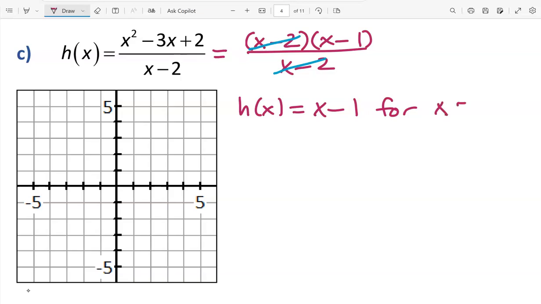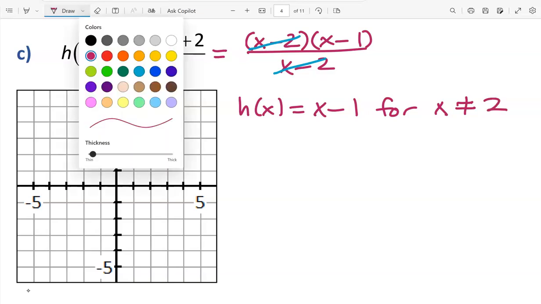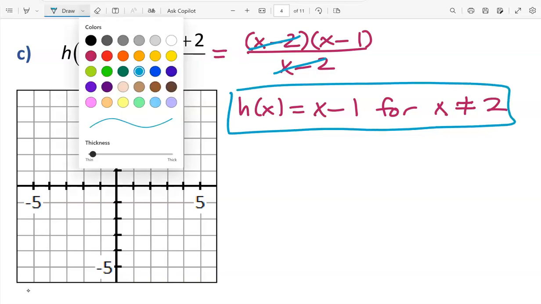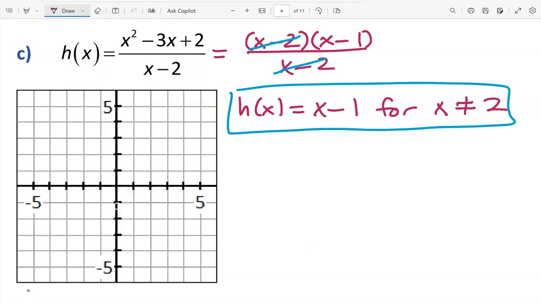If x minus 2 is equal to 0, x is 2, so we're going to state that that's for x not equal to 2. So I'm going to graph a function with a y-intercept of negative 1 and a slope of 1. But when I get to the place where x is equal to 2, I'm going to put an open circle or a hole or removable discontinuity in the graph.